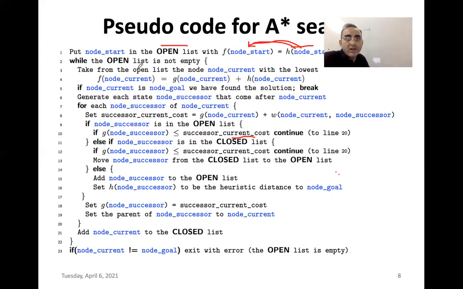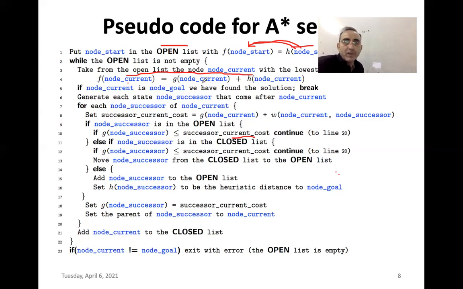Then what you have to do is take from the open list the current node with the lowest f of n, which is g of n plus h of n, the whole formula.